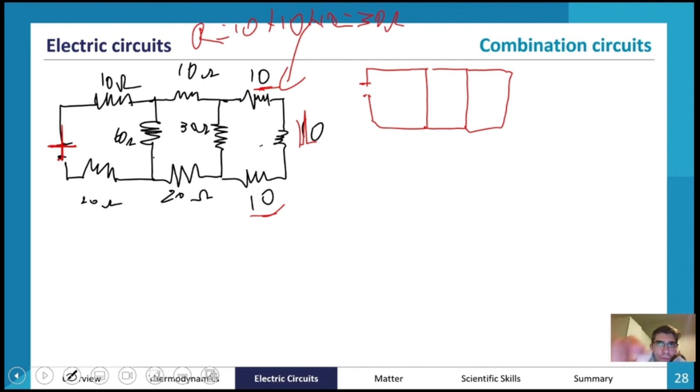30 ohms. So it's like having 30 ohms attached here, and then you have 30 ohms right here. You have another 10 here, another 10 here. You have 60 here. We have another 10 ohm here, and another 20 ohm here.